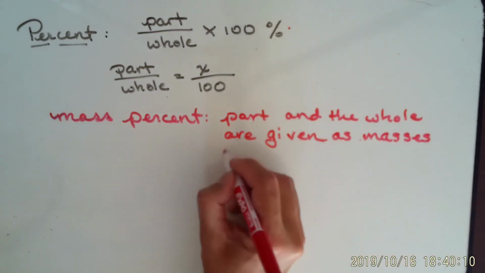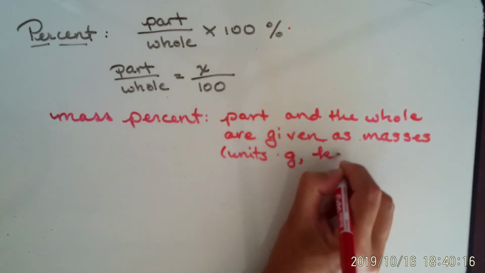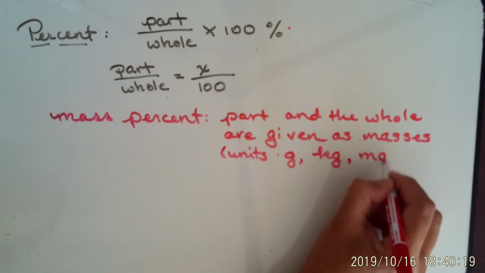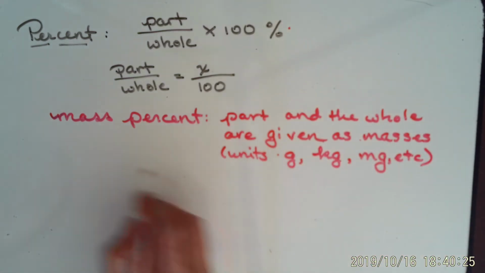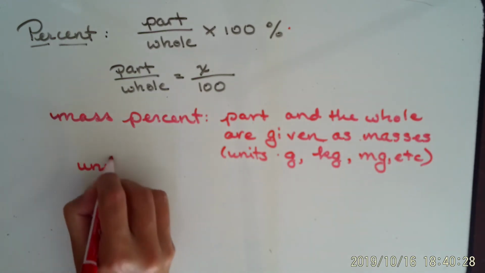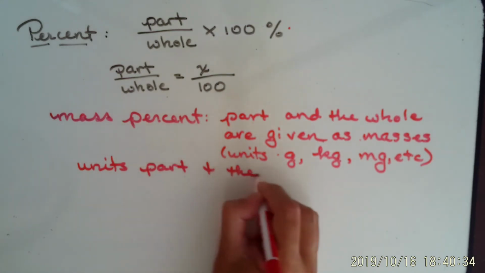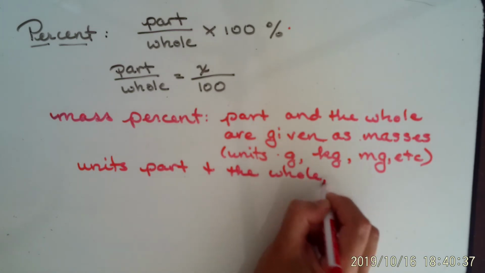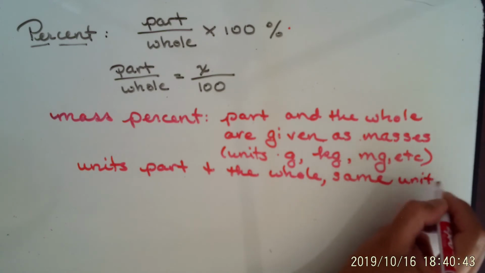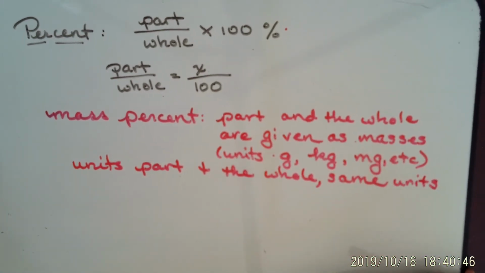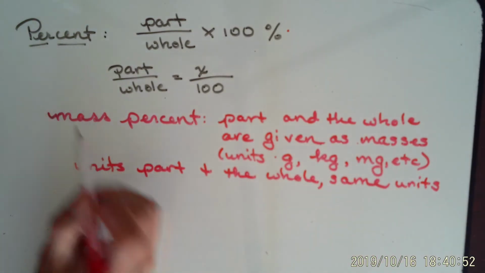So your units would be grams, kilograms, milligrams, etc. They're all in terms of masses. The other thing to bear in mind is that whenever you look at your units for the part and the whole, they both must be given in the same units. So if one is given as grams and the other is in kilograms, you're going to have to convert. Okay? Because percent is unitless.